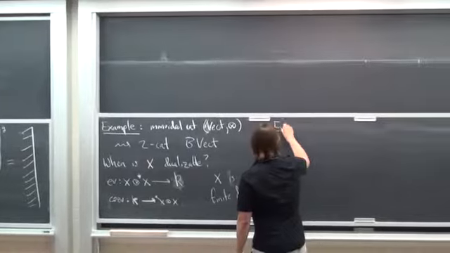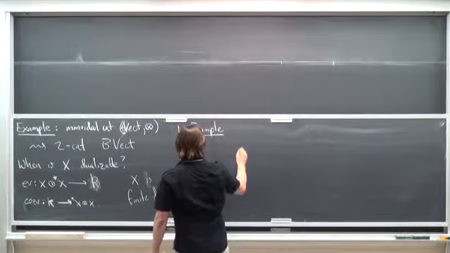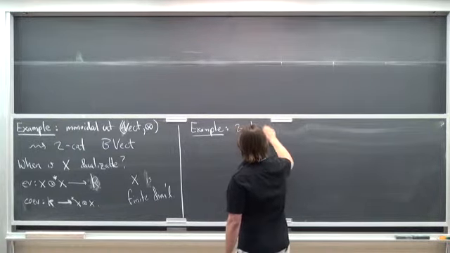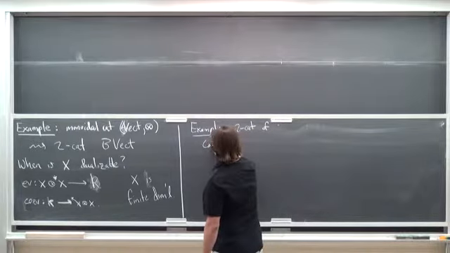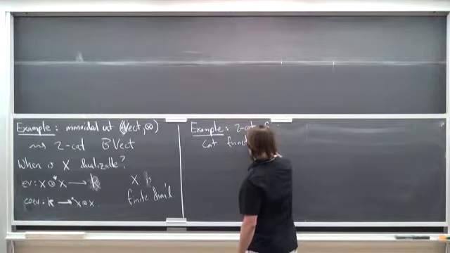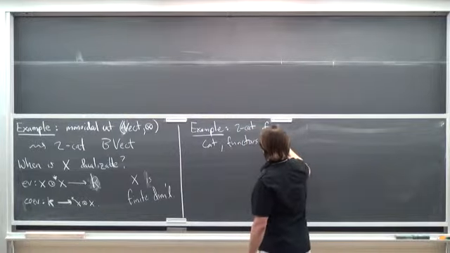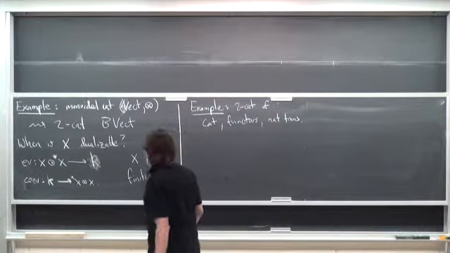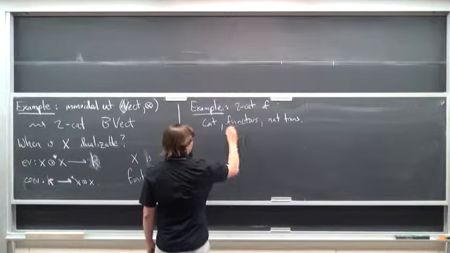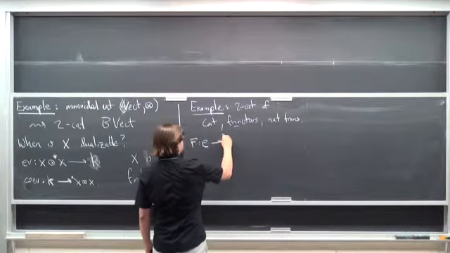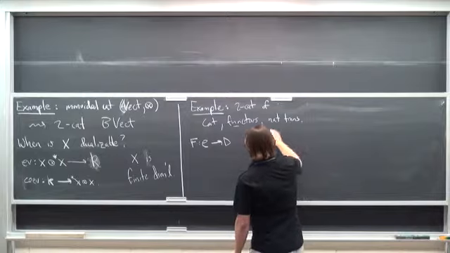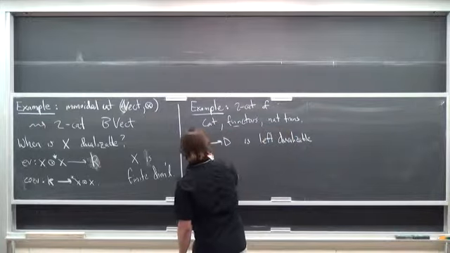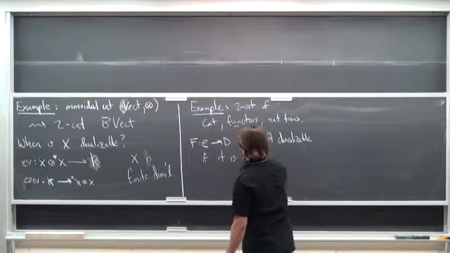The other key example is where the two-category is the two-category of categories, functors, and natural transformations. In this case, a functor, a one-morphism, is left dualizable if it is a left adjoint.